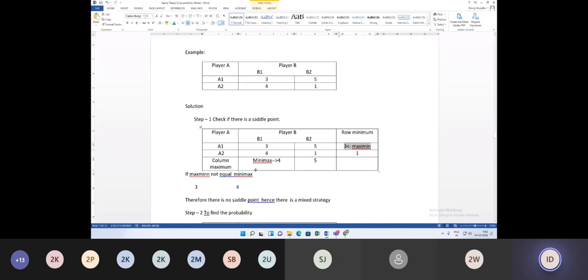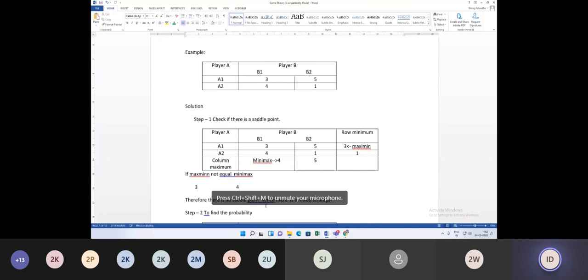No, it is not equal. Therefore there is no saddle point. No doubt, there is no saddle point.